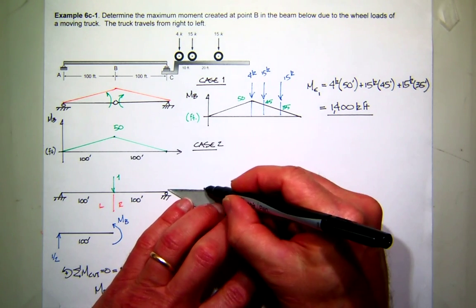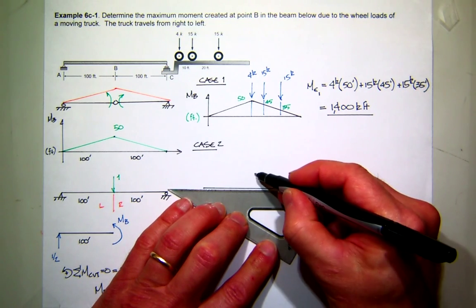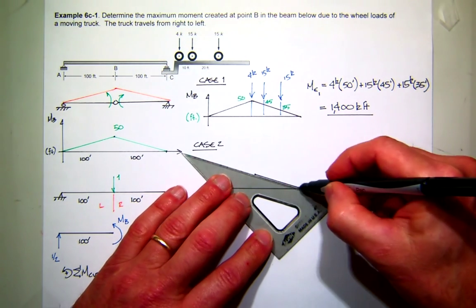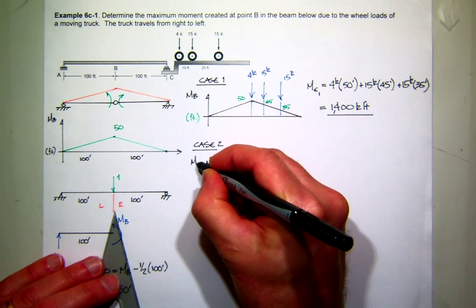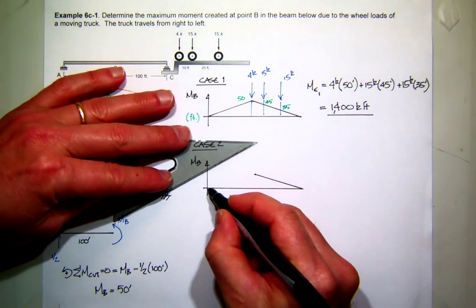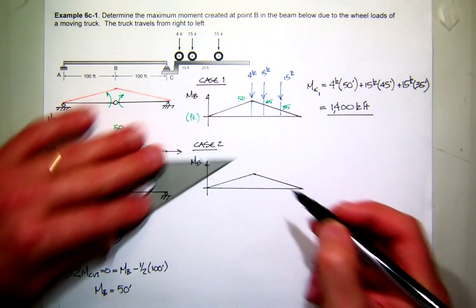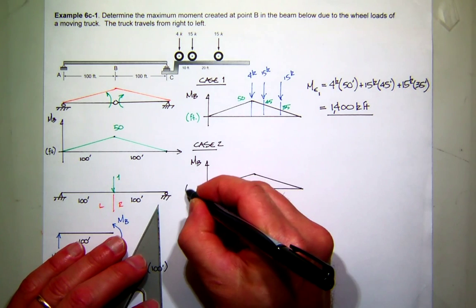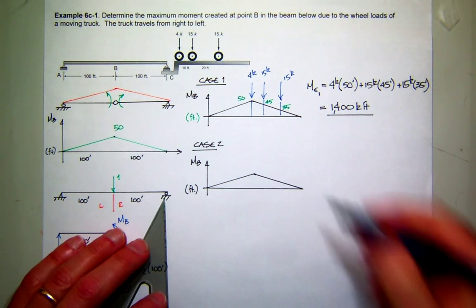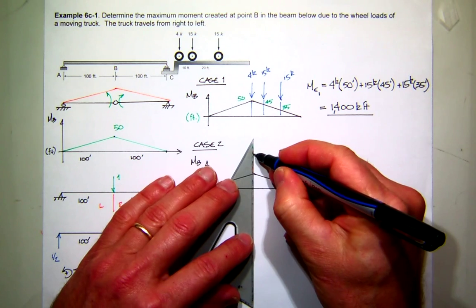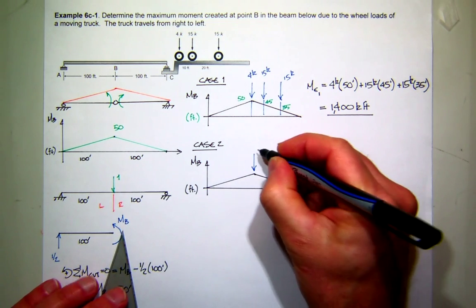So I'll redraw my influence line for the moment at B. And in this case, I'm going to let the second load, 15, be at the maximum value.